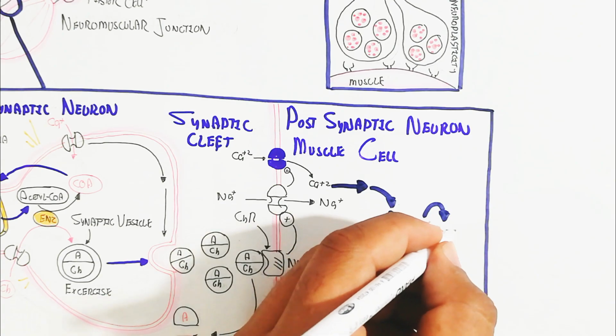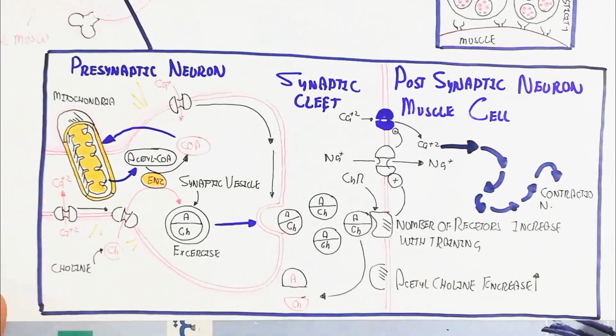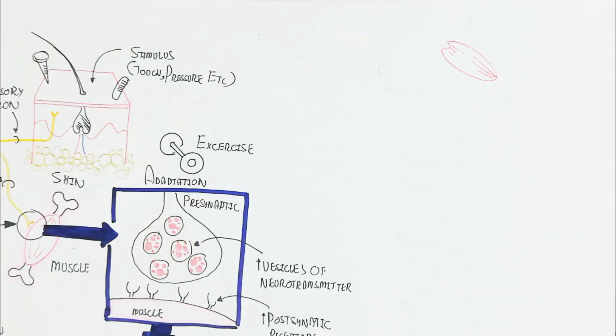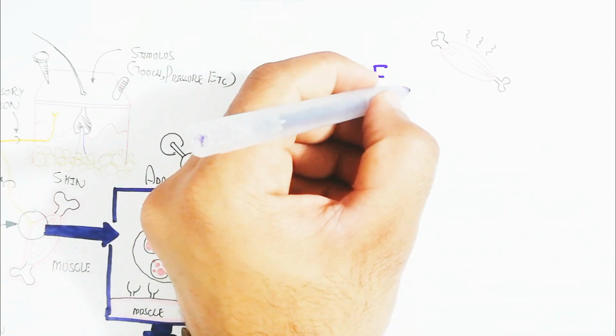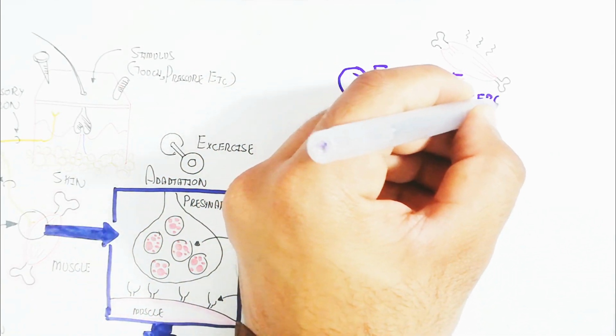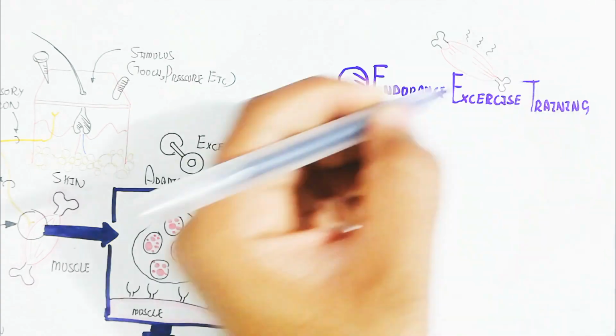In this way, it works through a cascade of phosphorylation for contraction of the muscle, as calcium binds with myosin, actin and troponin.